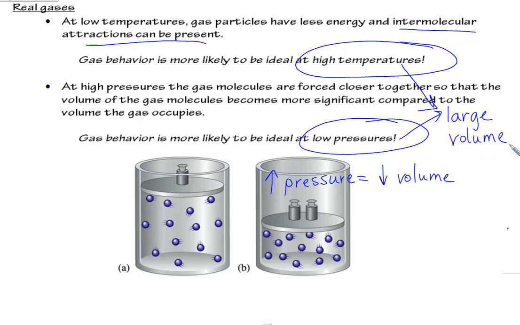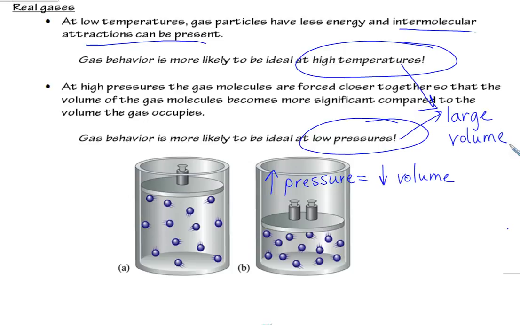In a large volume, I'm going to keep the gas particles far from each other so that the volume of the particles themselves is insignificant because there's so much space in between the particles. Most of the volume in the container is just blank space, air. And if the particles are far from each other, intermolecular forces are insignificant.